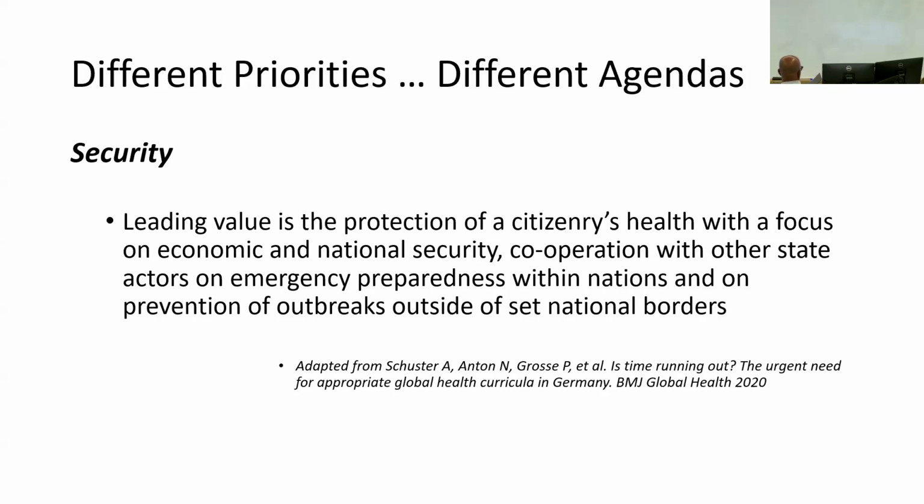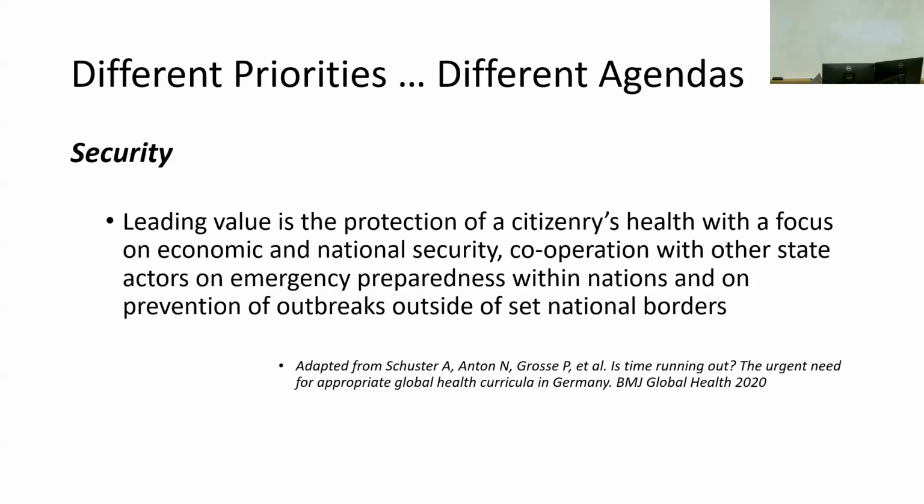So let me talk about some of those different priorities and different agendas, just in a cursory way. This is from an article in 2020. I actually reviewed it with some colleagues in Germany. Security as a leading priority. The value is to protect citizens' health with a focus on economic and national security, right? Sovereign nation.